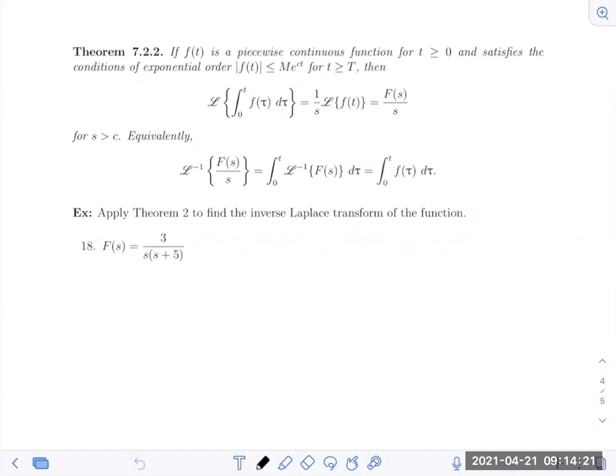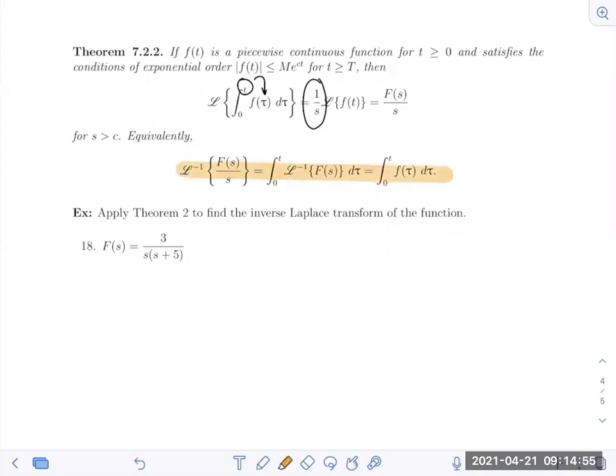If we would like to take the transform of the integral from 0 to t of some function f of tau d tau, then we can slip that Laplace transform into the integral, but we have to pay for it with this factor of 1 over s out top. Notice that this variable in the upper limit of integration is what is then imposed in our f of t function.